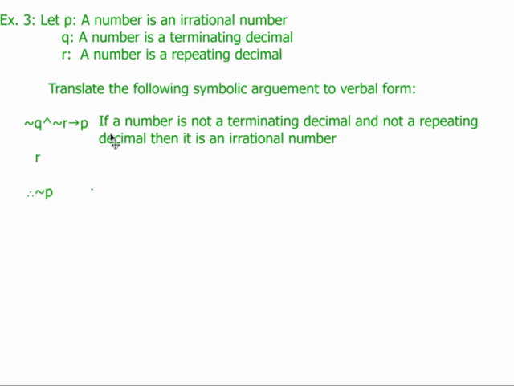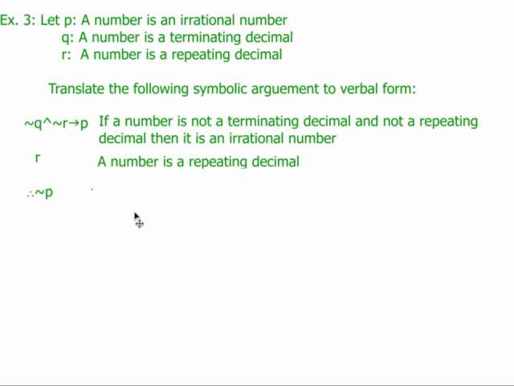So that's what this little symbolic sentence says. Not Q is if a number is not a terminating decimal, and not R is not a repeating decimal, then, this is the if-then symbol, it is an irrational number. I know that looks really confusing, but if you take it step by step, you can get this sentence.